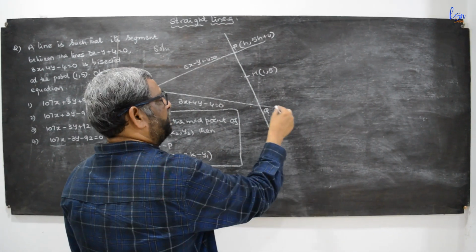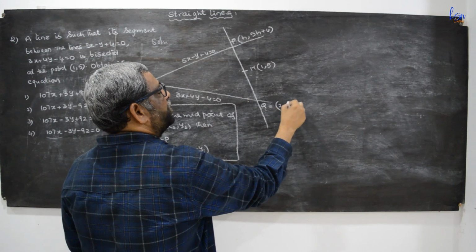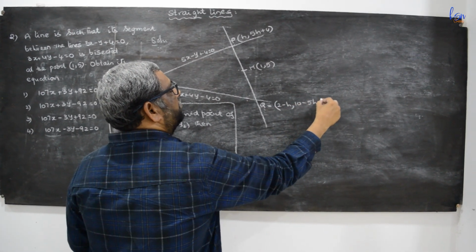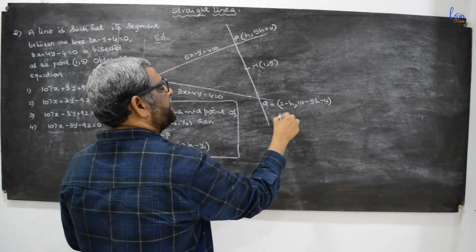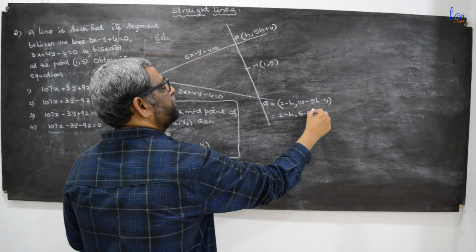Now with this formula, Q is equal to (2 minus h, 10 minus 5h minus 4), that is equal to (2 minus h, 6 minus 5h).